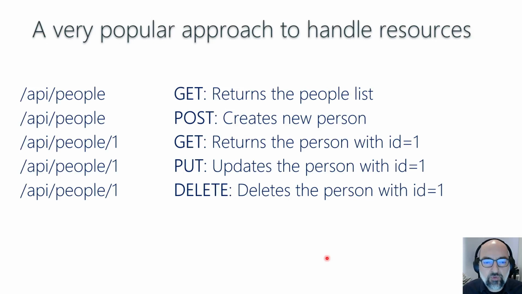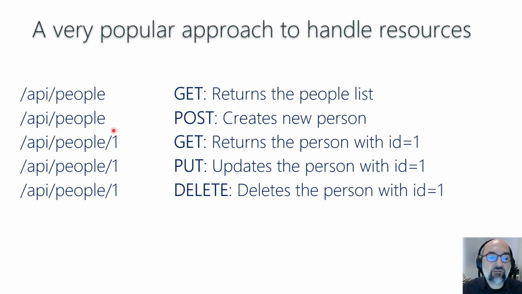Just as documentation, and you probably already know, this is a very popular approach to handle resources. Remember that in a RESTful approach, you don't have a resource mapped one-to-one to a table. This is an anti-pattern if that table is not really a complete resource. A resource is just an aggregate root, something that makes sense in the problem domain space.